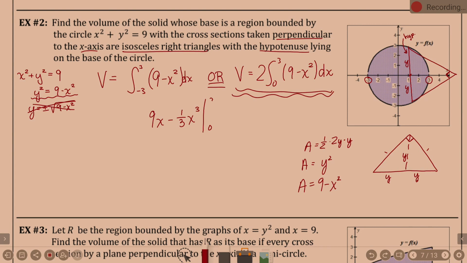I'm trying to figure out where I want my 2. The idea is the 2 gets multiplied in at the end, right? Yep. Plug in 3. Plug in 0. 36 units cubed.